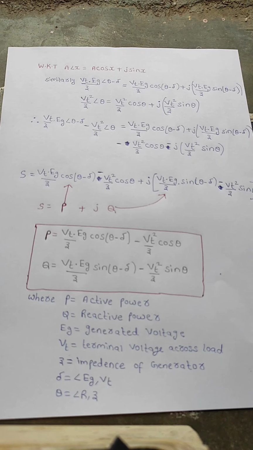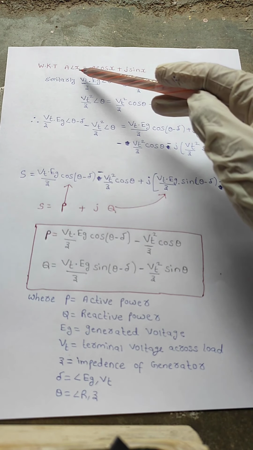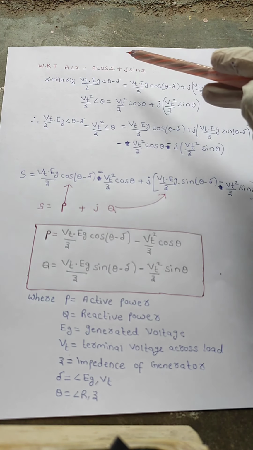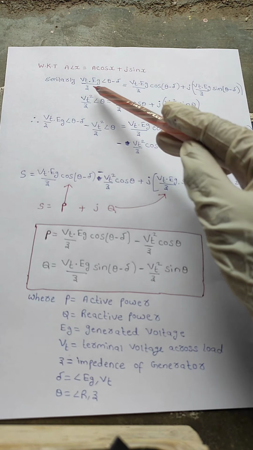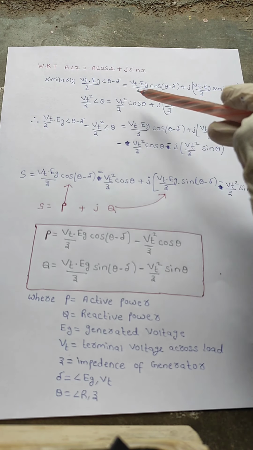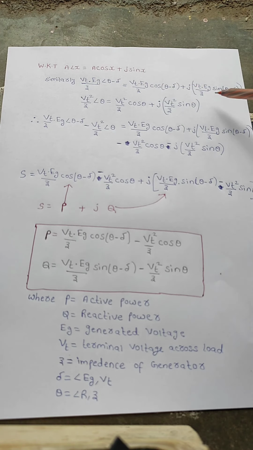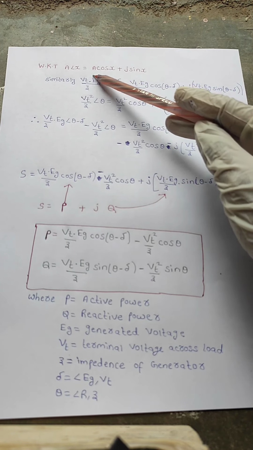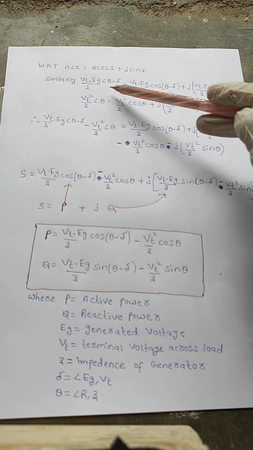Now I am going to revise one concept: if A angle x is written, then we can write A into cos x plus j into sin x. Similarly, Vt into Eg by z angle theta minus delta we can write like this, because now assume A as Vt into Eg by z and angle x as theta minus delta.